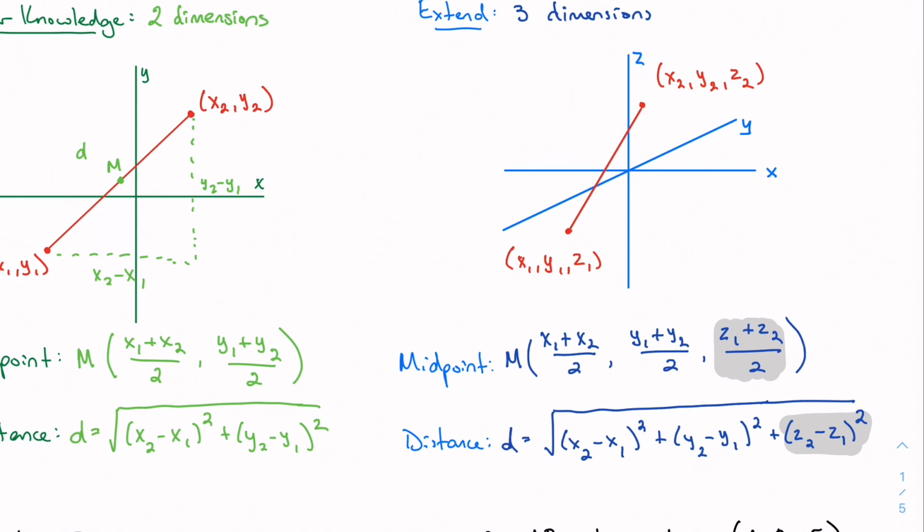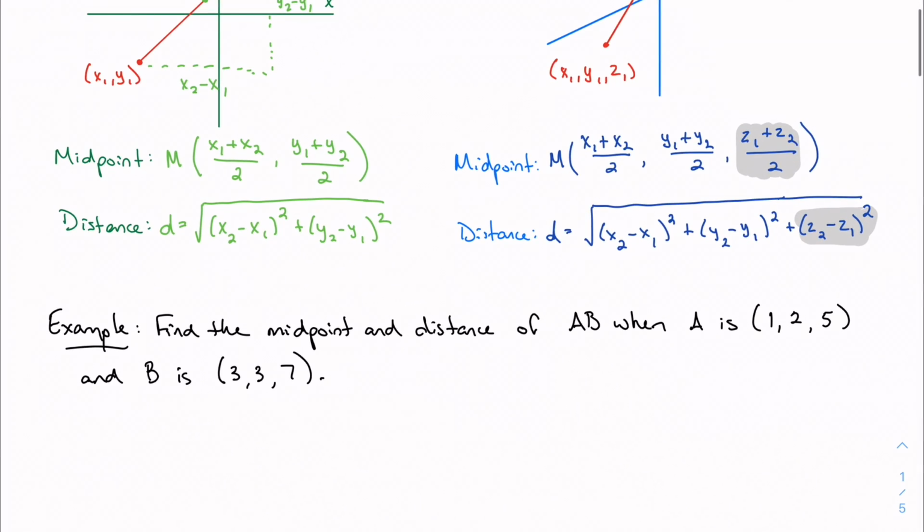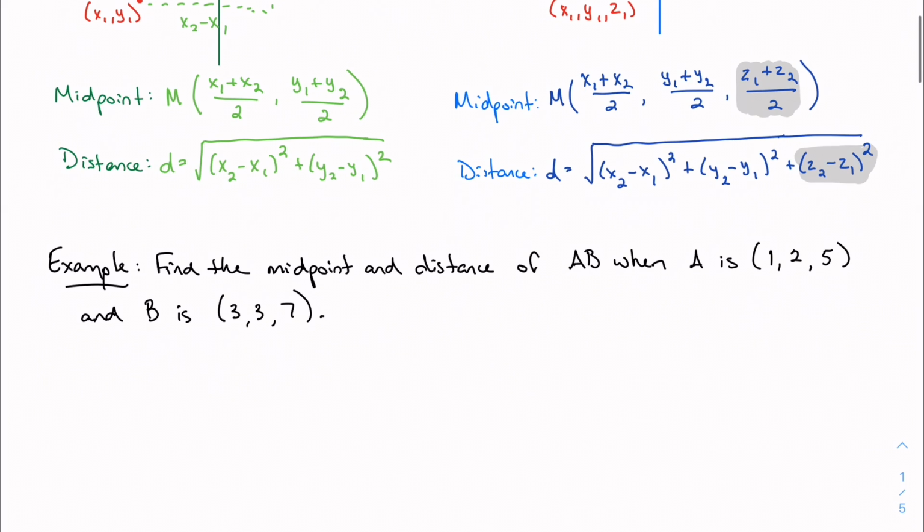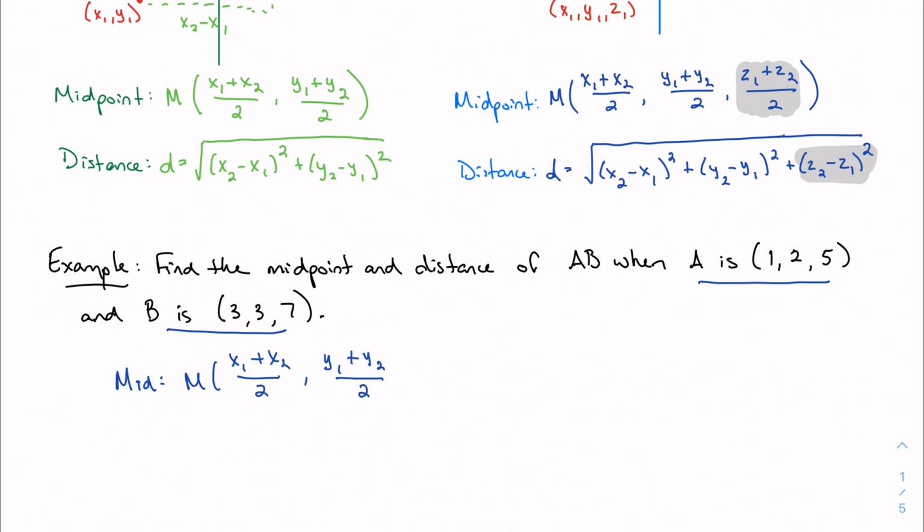If we want to look at an example, I want to find the midpoint and distance of the line segment AB, when A is at the point (1, 2, 5) and B is at the point (3, 3, 7). I'm not going to try to draw it out, let's just jump right into the problem. Find the midpoint. My midpoint, we usually call it M, and just for practice, let me copy down what the formula looks like.